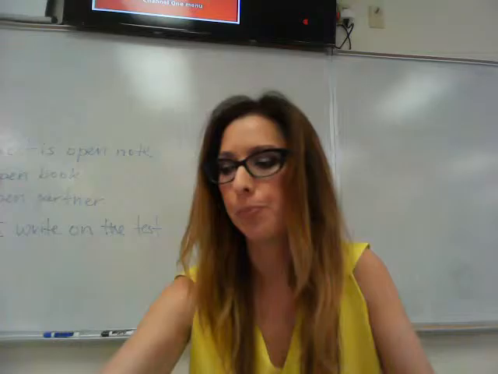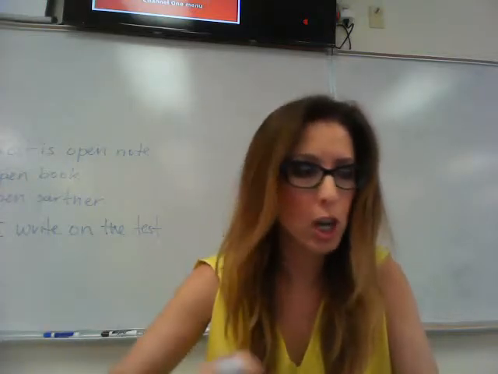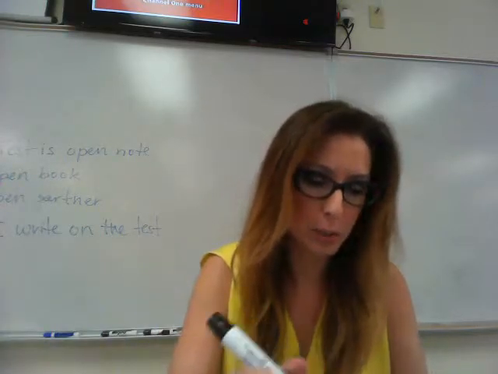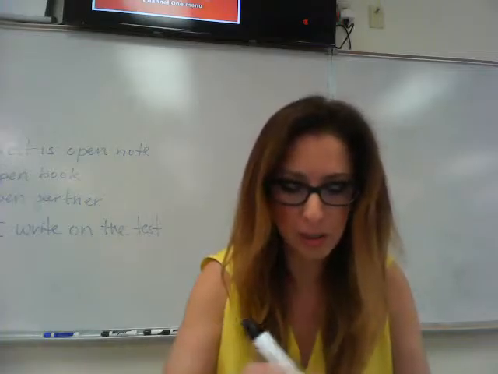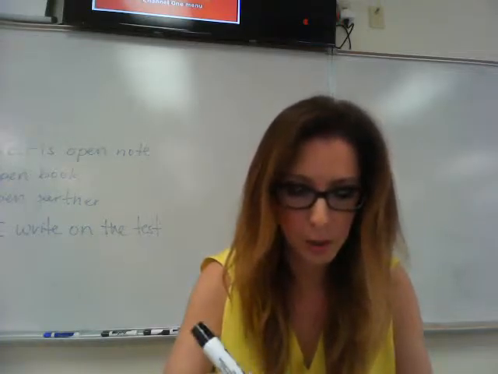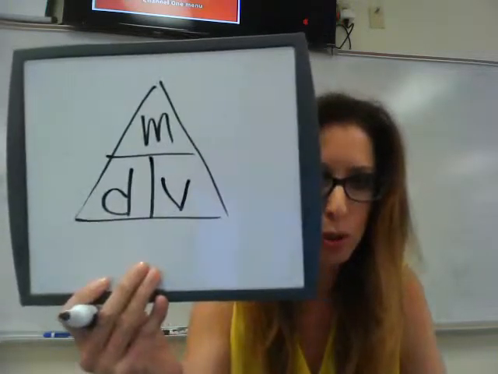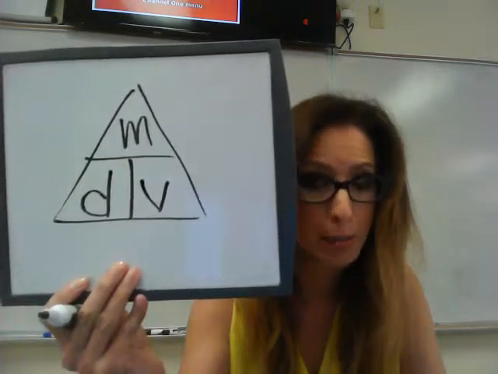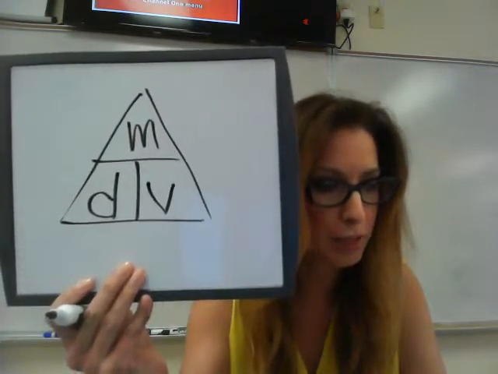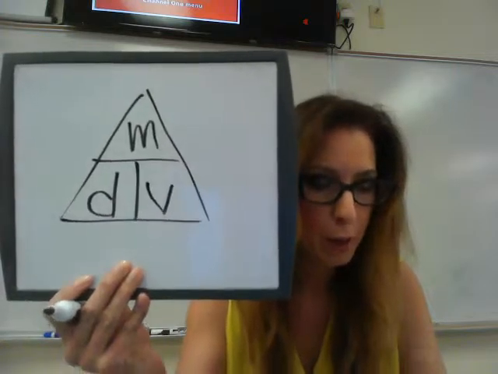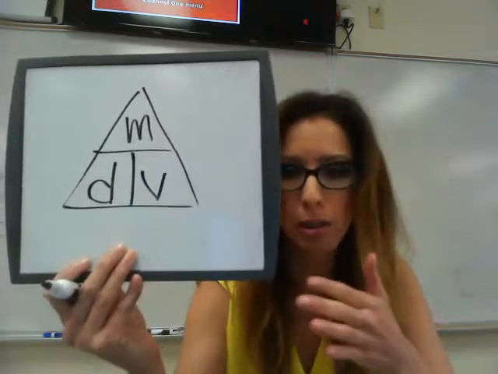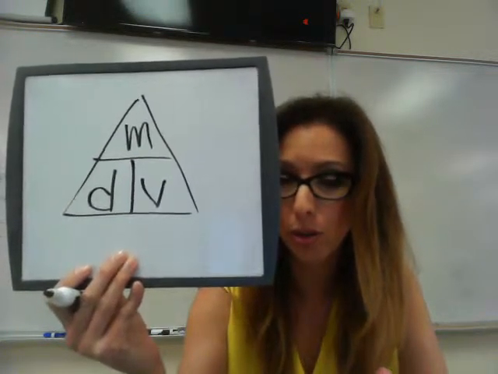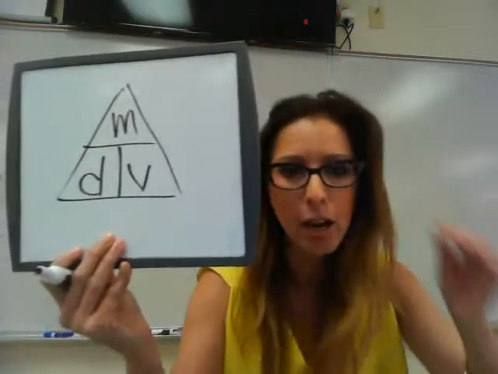Okay, now if we're talking about density specifically, density is mass divided by volume. You're going to be using something called the density triangle, which looks like this. D stands for density, make a note of it. M stands for mass, V stands for volume. There are 3 different equations that you may be asked to use related to any type of density calculation.